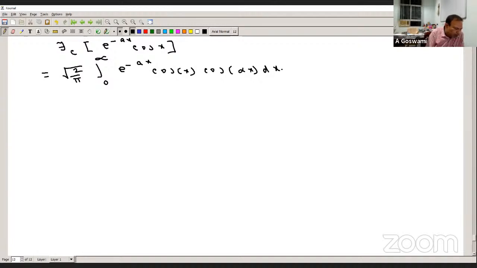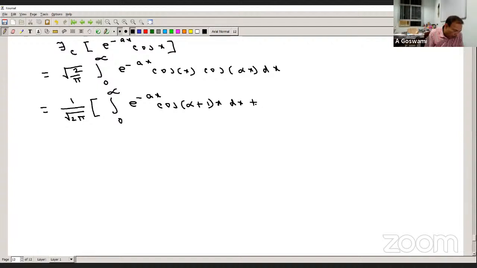This cos part you can break into cos a plus cos b form. I'm just writing the integral directly. You can find the integral very easily because you will use only the cos a cos b formula. You will obtain the integral from 0 to infinity of e to the power minus ax into cos of (alpha plus 1)x dx plus the integral from 0 to infinity of e to the power minus ax into cos of (alpha minus 1)x dx.